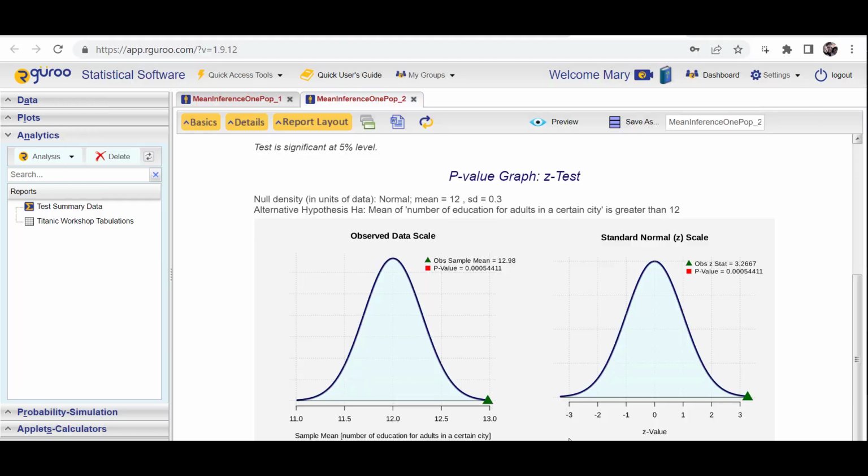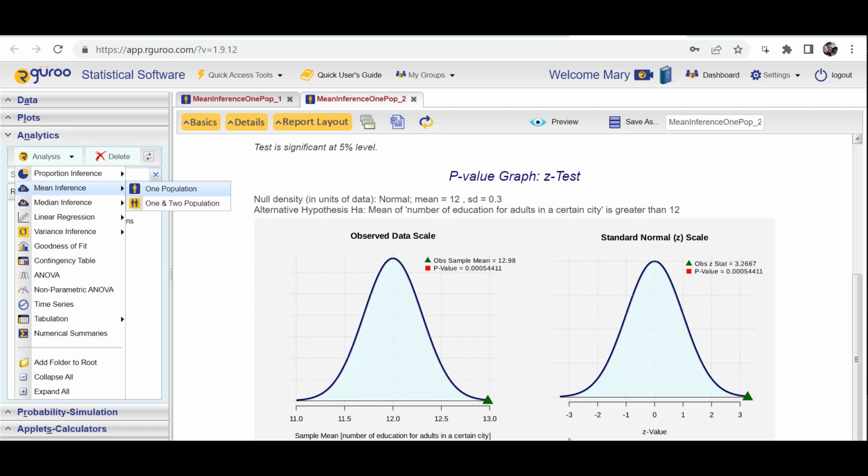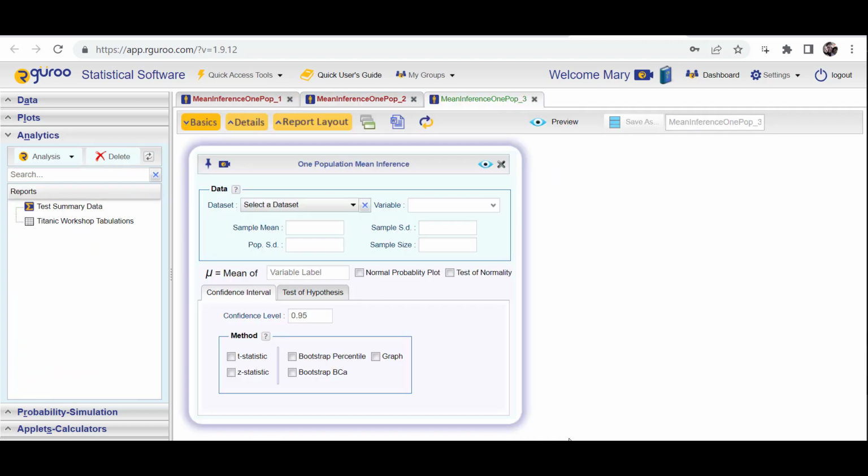Okay, so we're going to go to our Rguroo, and we're going to go to Analytics, choose Analysis, Mean Inference, one population. The sample mean was 24.8. The population standard deviation is 1.2. Sample size is 50. Don't forget to label your variable.